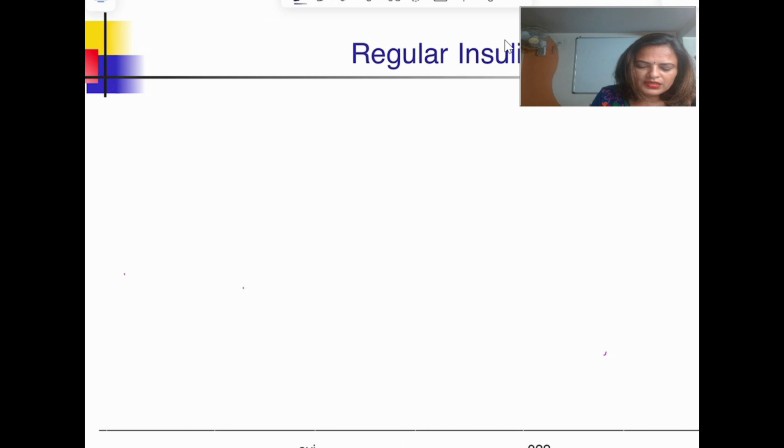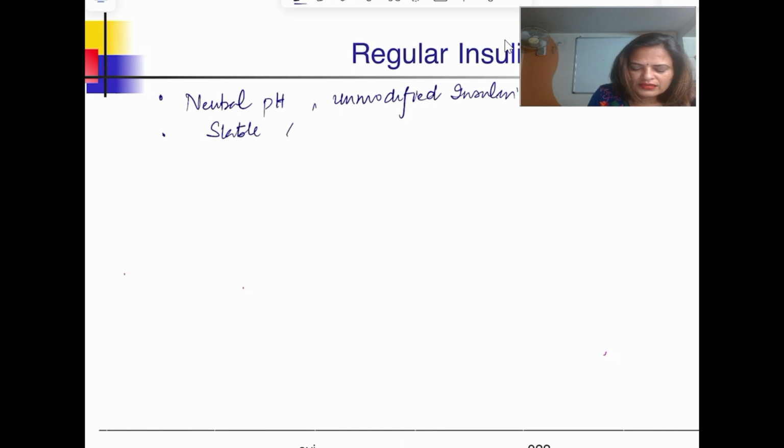Regular insulin is a neutral pH solution, unmodified insulin which we have made stable by adding a small amount of zinc.